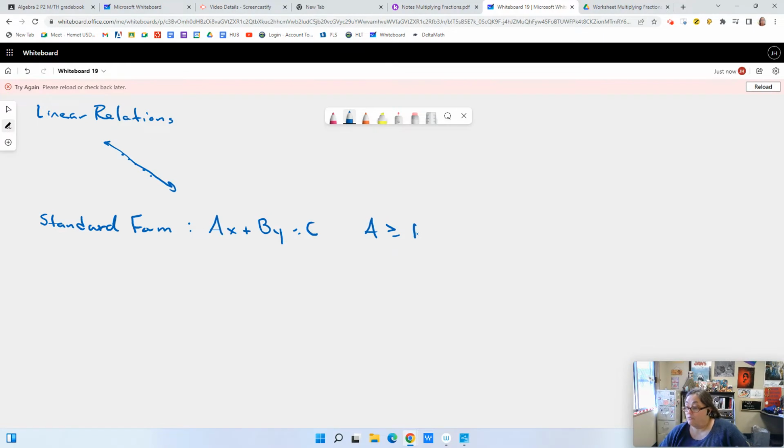We tend to more often use slope intercept form. So what we're going to talk a little bit about is converting from standard form to slope intercept form. First, we're going to talk about putting equations into standard form, and then we'll talk about putting them into the useful form, which is slope intercept.